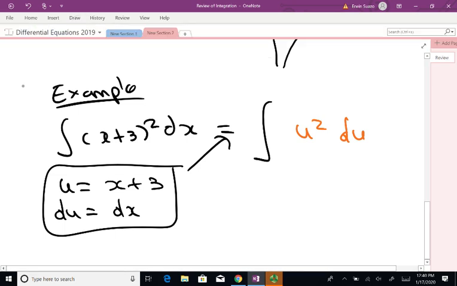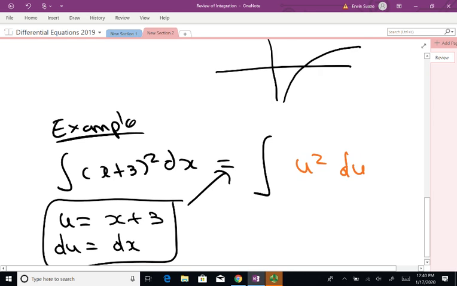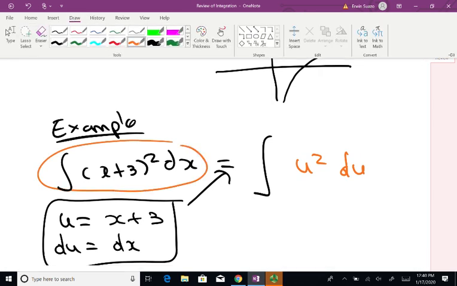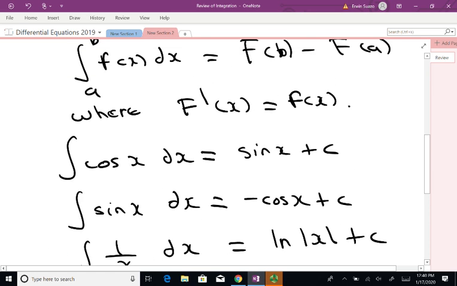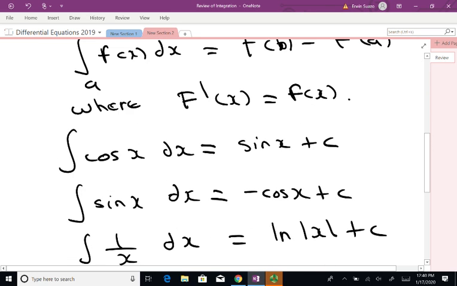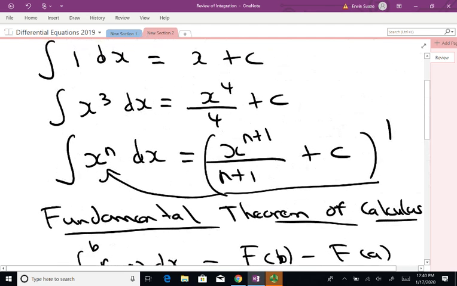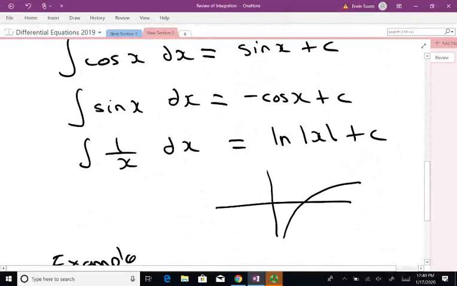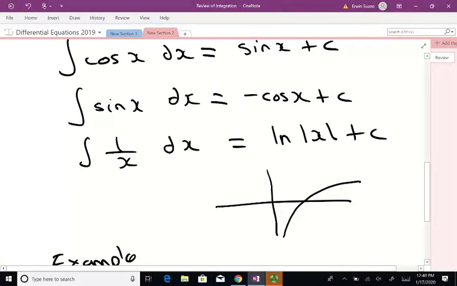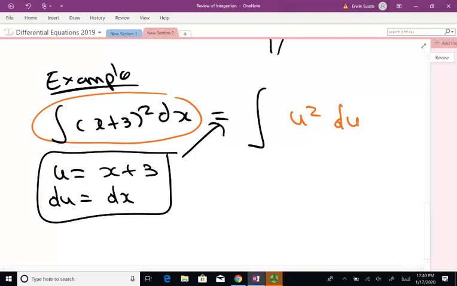The idea is that you reduce this integral to something that you know, as in this table, those that you already know by memory. That's basically by definition of integral. So you know that one. What is the integral of u squared?